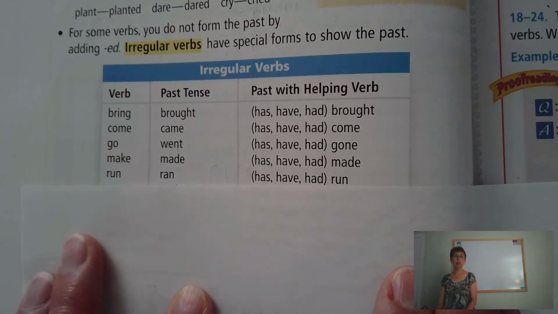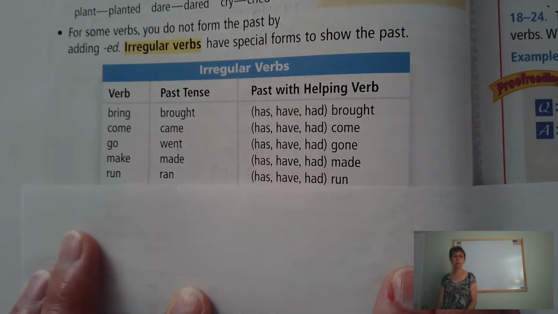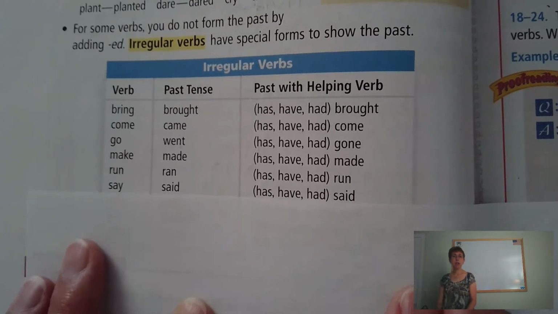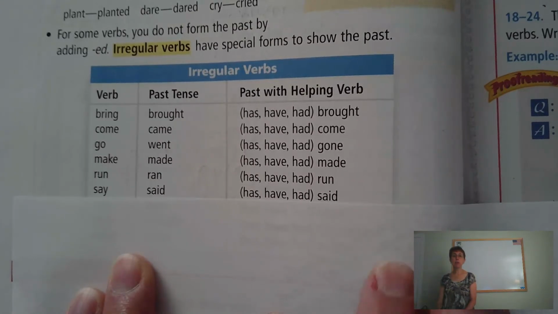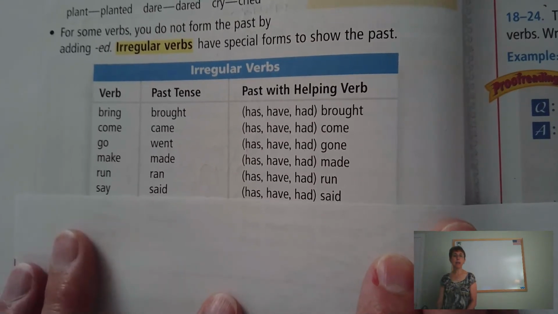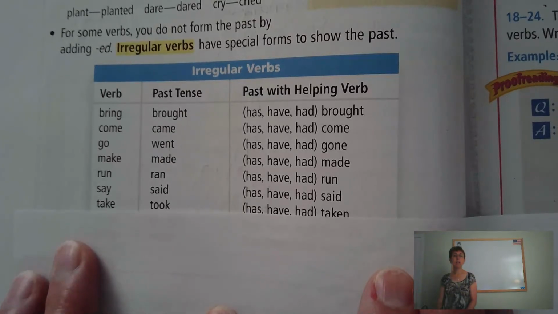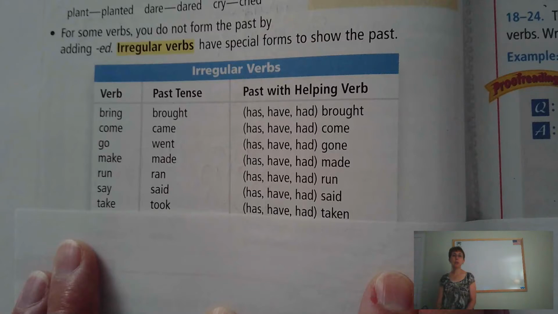Next we have run. Run becomes ran, but with the helping verb, has, have, or had, run. Next we have say. Say becomes said, and then it stays said even with the helping verb, has, have, or had, said. Next is take. Take becomes took, and then with the helping verb, has, have, or had, taken.